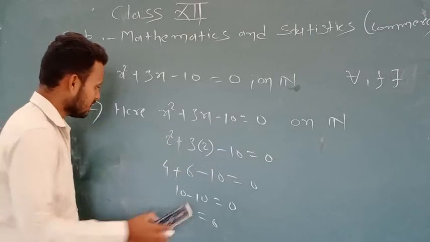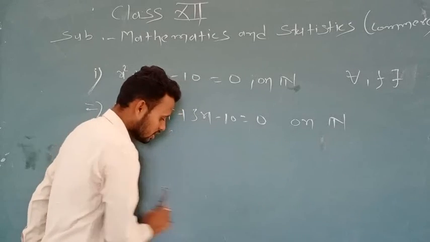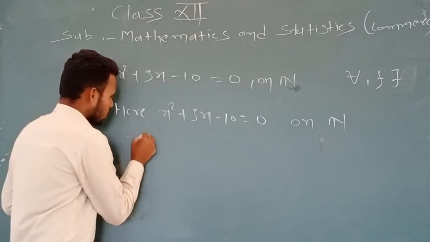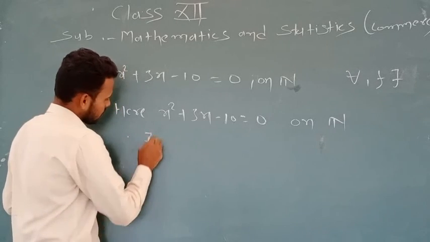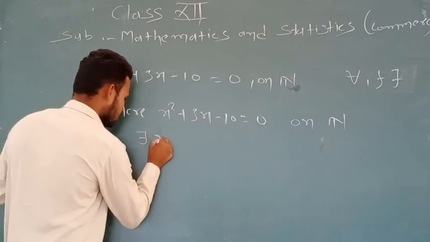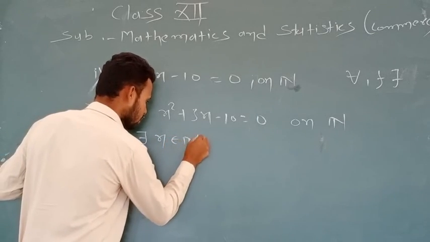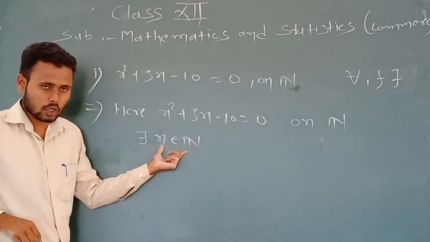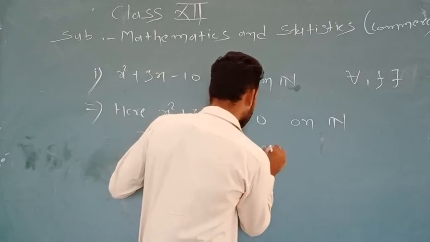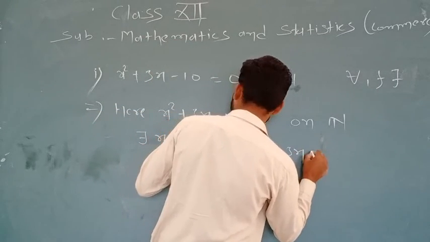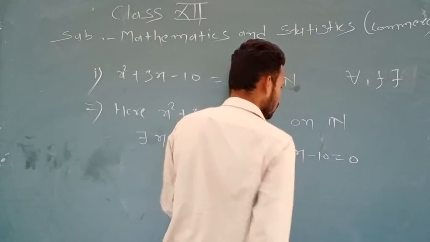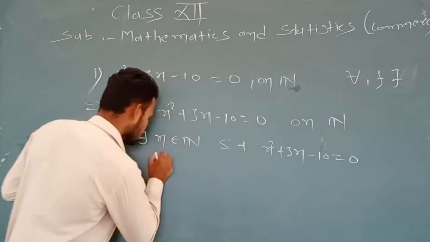Therefore, we can use here the quantifier there exists. Therefore, there exists x belongs to the natural number such that x square plus 3x minus 10 is equal to 0.